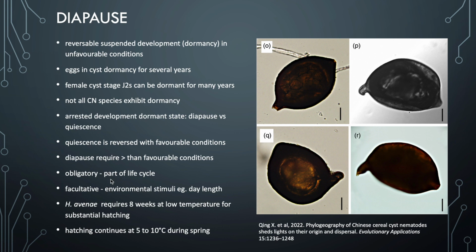In some, it is a facultative condition that depends on environmental stimuli, for example, day length. Heterodera avenae requires 8 weeks at low temperature for substantial hatching to occur, and hatching continues at between 5 and 10 degrees Celsius during spring. In the image on the right, we have the beautiful cysts of Heterodera avenae.